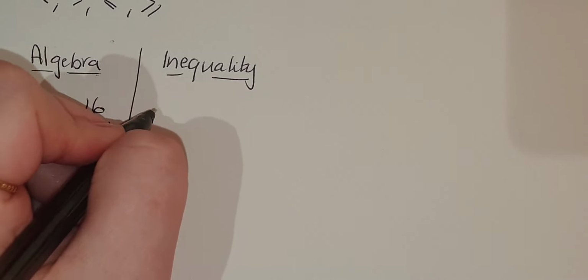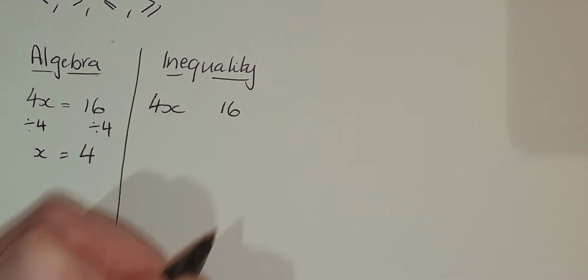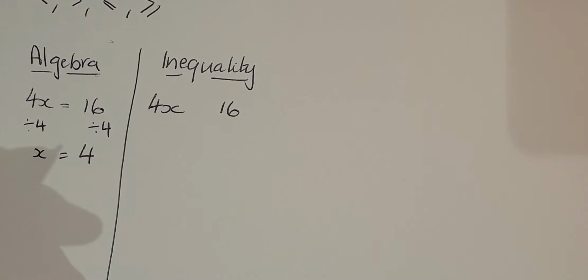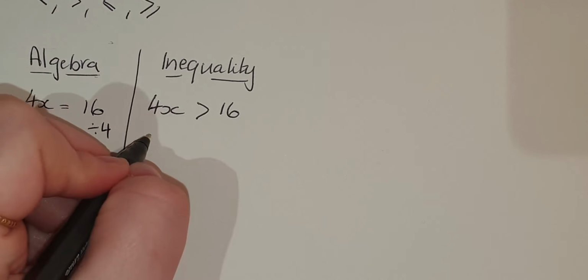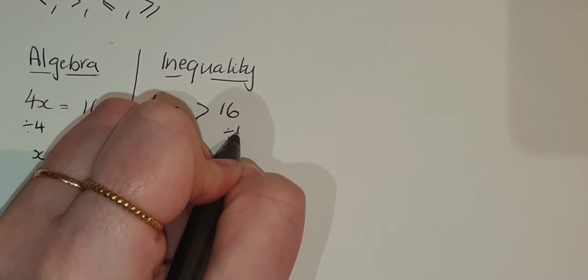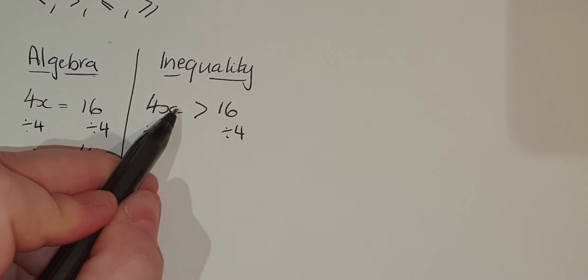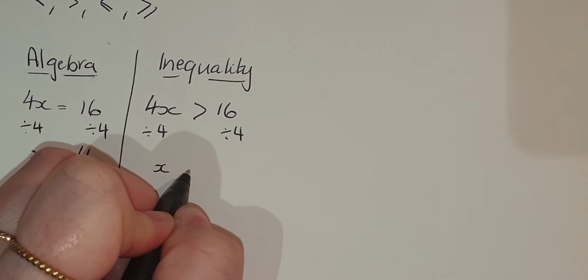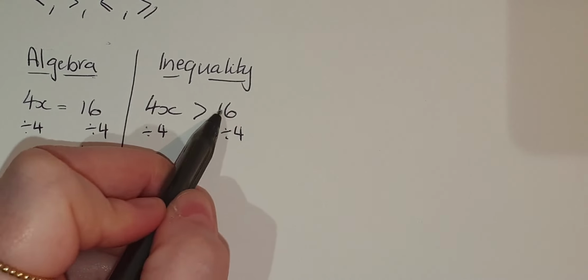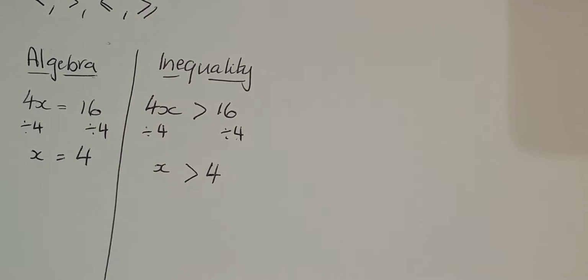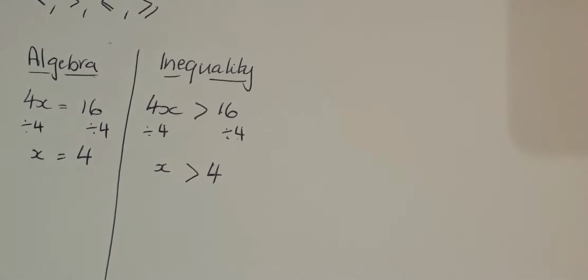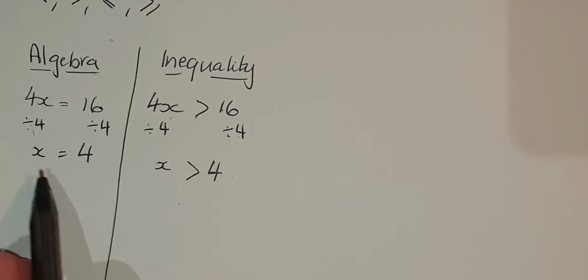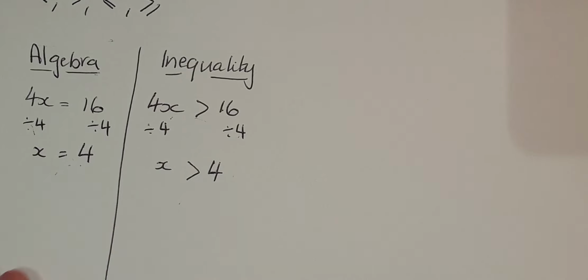Now, let's say we had the same numbers, 4x and 16, but instead of an equal sign, we had a greater than sign. The same rules apply. We're going to divide by 4 for this one. 4x divided by 4 is just x. I bring down the sign that I had at the top. 16 divided by 4 is 4. Nothing changes between these two apart from the sign in between.